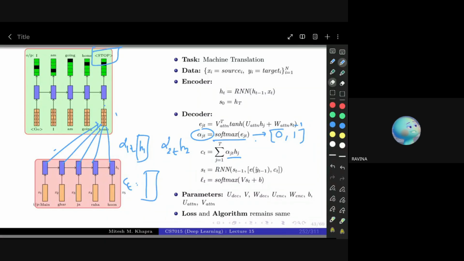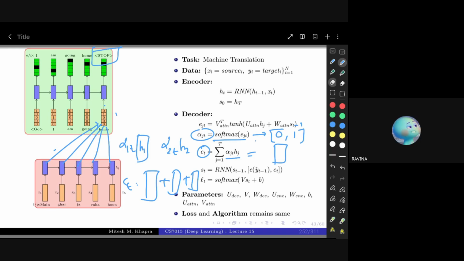Someone asked where the context vectors are present. This c_t is the context vector. I get it by multiplying alpha_jt with each individual vector H1, H2, and so on, and summing them. So c_t is the final vector.